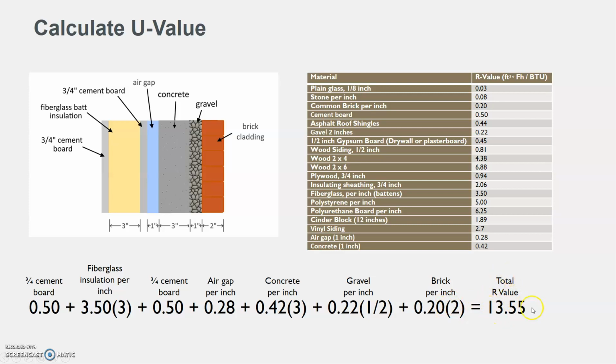That comes out as a total R value of 13.55, and then we just take the inverse of that to get our U value, and 13.55 inverted is going to give us a 0.07 U value. And again, that's excluding convection and radiation due to the wall.